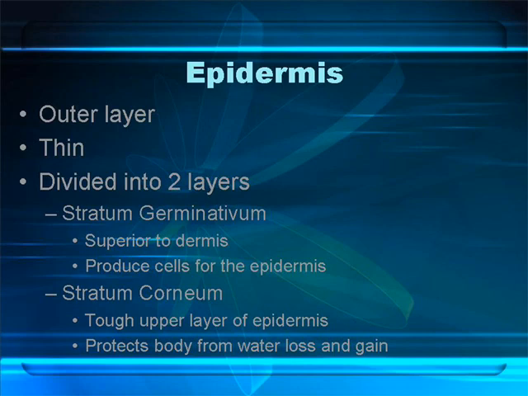The stratum germinativum is underneath that. The stratum germinativum produces cells that in turn make up the epidermis, and the stratum corneum is a really tough layer. It's the top, so you can imagine it's got to be a little tougher. It's going to help keep water inside your body. You don't want to lose too much water. Now, sweating's a different thing, but overall you want to keep water in your body.